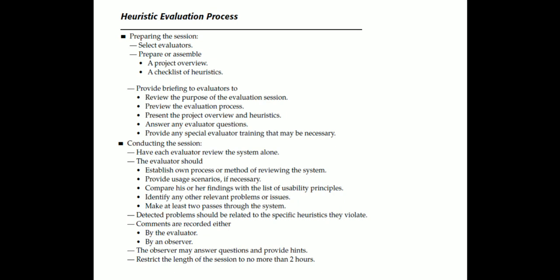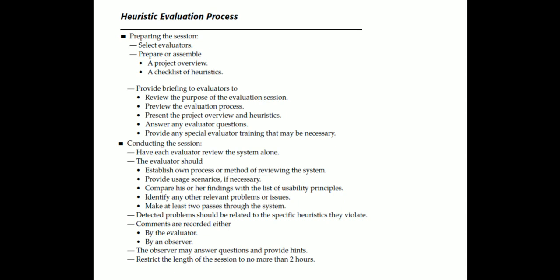Ideally, let the evaluators use the system without procedural assistance. If, however, the evaluators are not familiar with the system's content and purpose, they may be provided with scenarios listing the steps a user would take to perform a sample set of realistic user tasks.